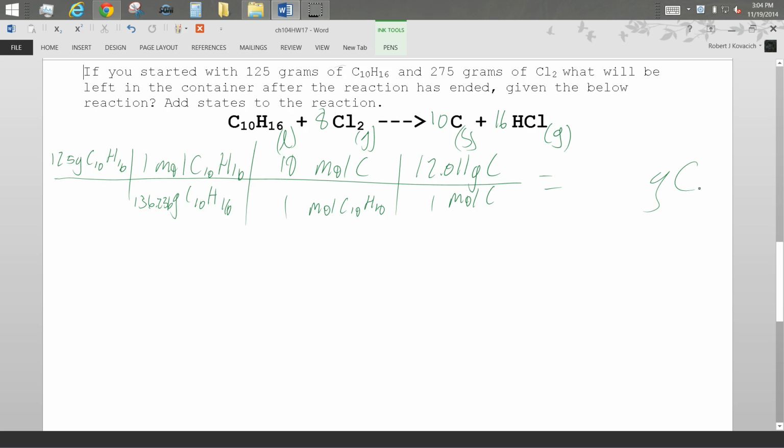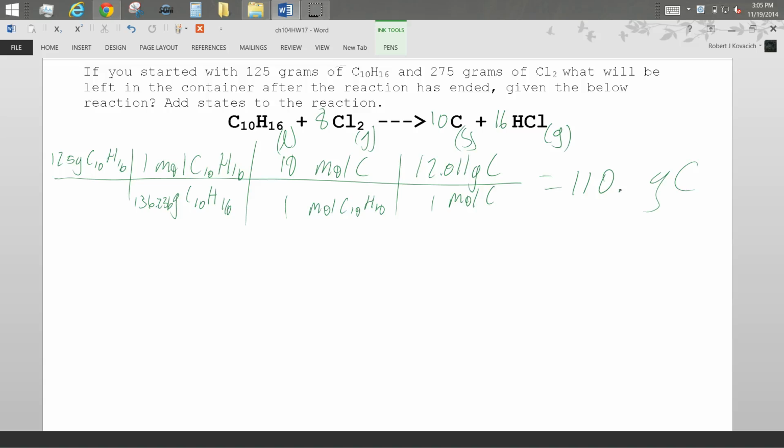Somebody got a value there? 110. That's what I rounded it to. With a decimal place? 3 sig figs? Is everybody okay with 110? No? We can knock it out.